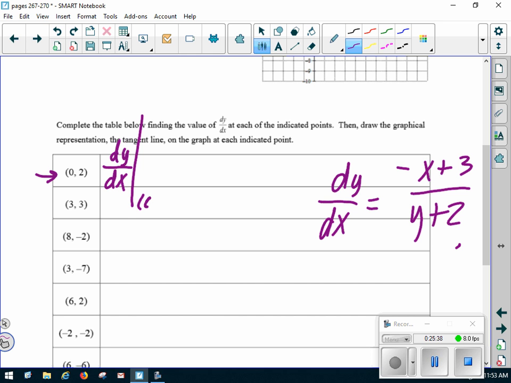And you're going to put 0,2 at the bottom of that bar, kind of like a subscript. Equals. So that says dy dx evaluated at 0,2. Or we might say, to be a little lazy, dy dx at 0,2. Plug in 0 for x, plug in 2 for y, and go for it. That's it.